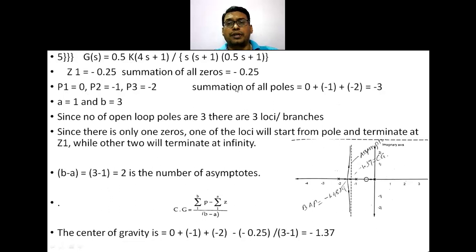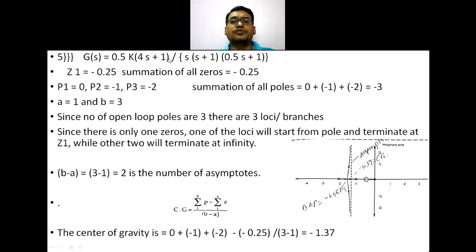Now the next example. The open loop transfer function is 0.5k into (4s plus 1) upon s into (s plus 1) into (0.5s plus 1).